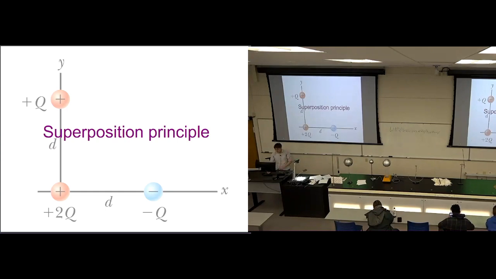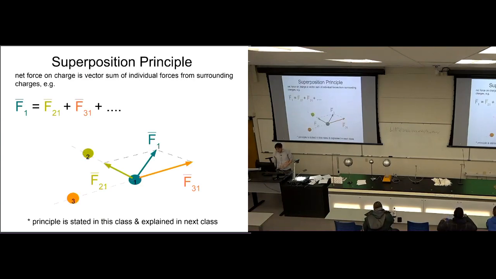Superposition principle. This is how we handle arrangements that are more than a pair of charges, because we're very limited right now with Coulomb's law. Here's the basic idea. This sketch shows 3 charges with these different colors.